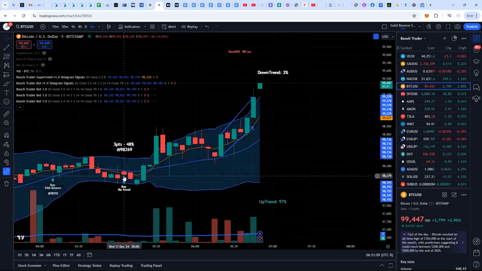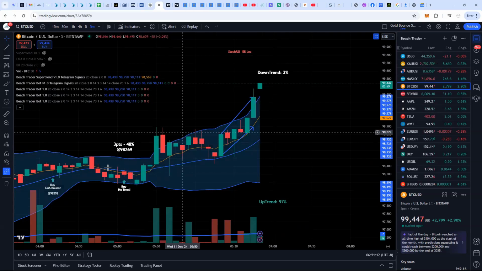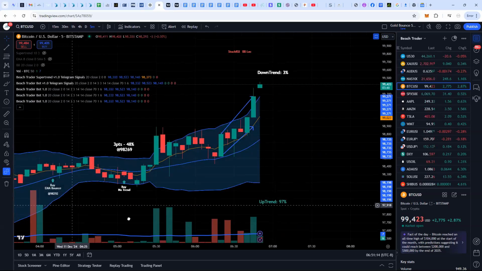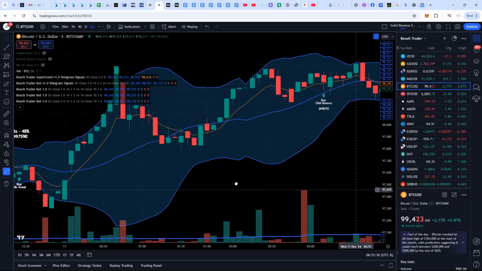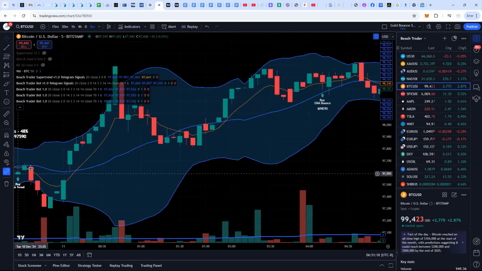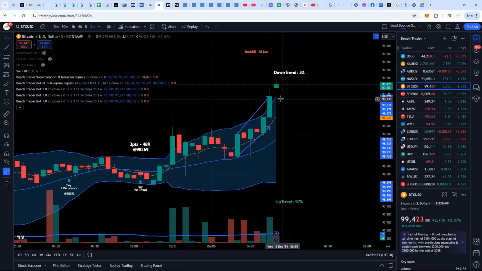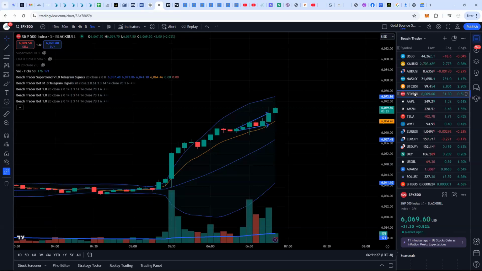The bot told us to take Bitcoin going up right here, and it went up. The bot told us right here, go up. He told us to buy right here, at 97,000. Now it's at 99. So that's 3 trades the bot won in a row on Bitcoin on 5 minutes.